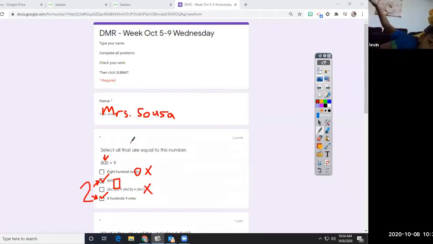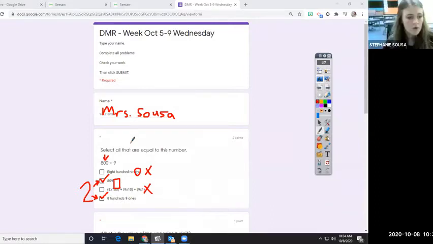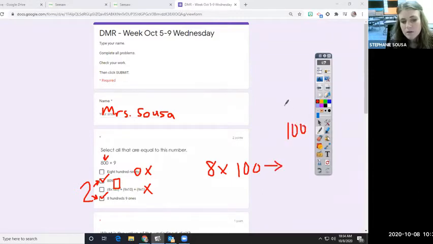So I don't really get it on the times one. What it really means when we see the times is that you'll see that 8 times. So this means there are 8 hundreds, which would mean it looks like this. 1, 2, 3, 4, you would do it 8 times.